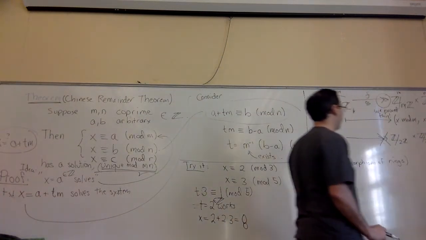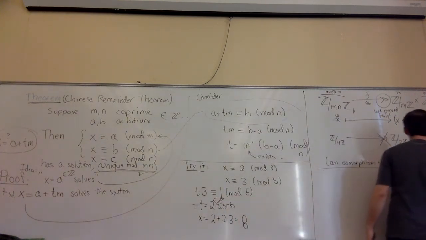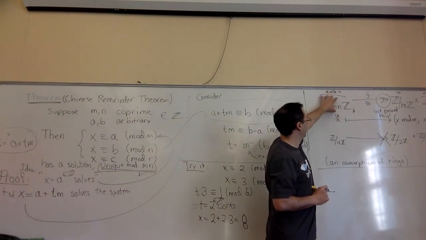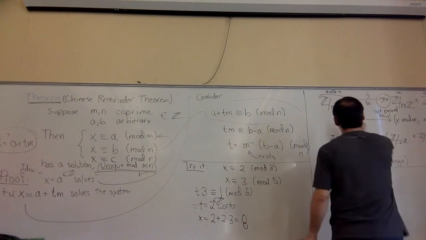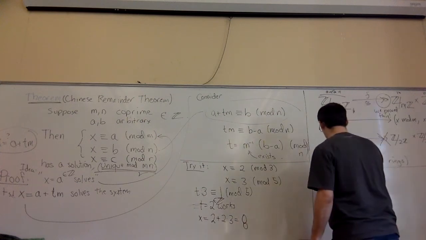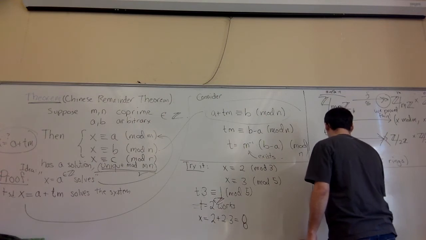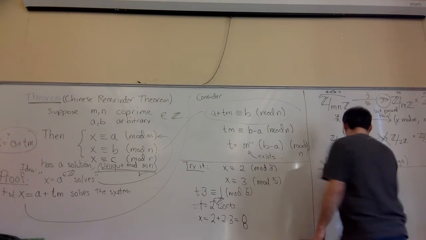Now what's this have to do with the Euler phi function? I kept mentioning that as motivation. So the Euler phi function is the cardinality of the numbers in here that are co-prime to mn. That's what the Euler phi function of Z mod mnZ is. So phi of m times n is the cardinality of (Z mod mnZ)*.